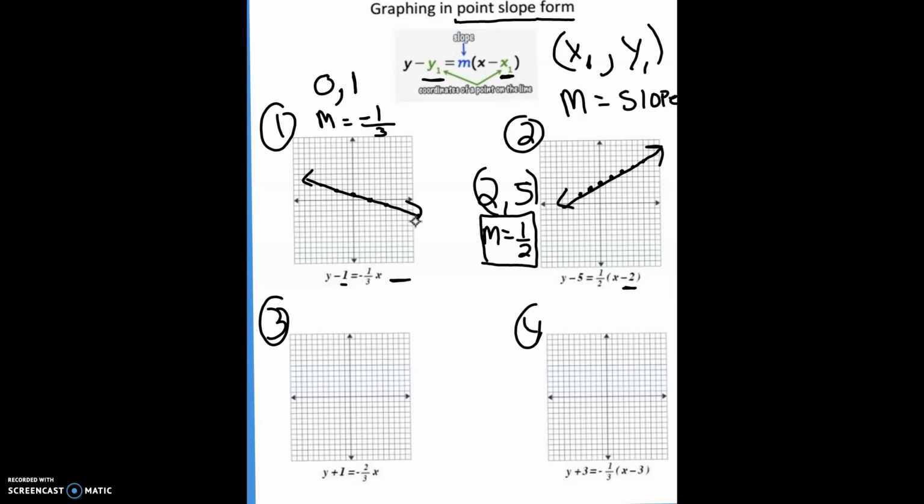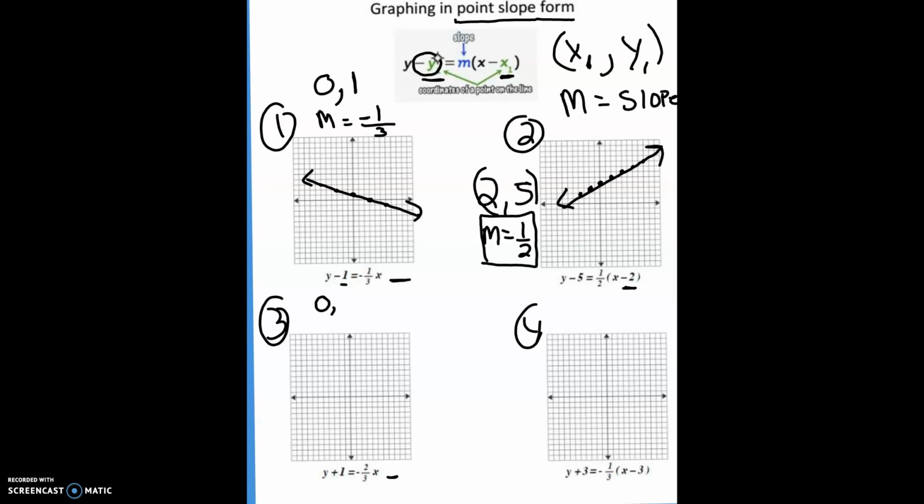Let's look at number 3. Now you'll notice here, again, x is 0, right? So we get another 0, 1. There's no number there again, so it'll be 0. However, look at the y. If you'll notice on the formula, it's negative y, and down here it says plus 1.